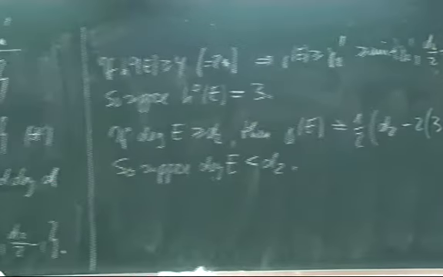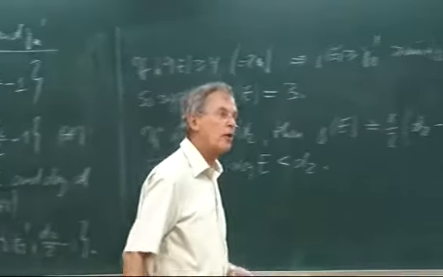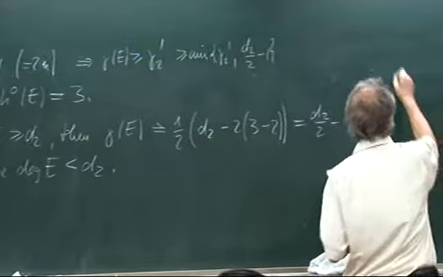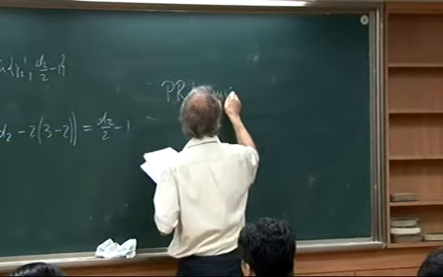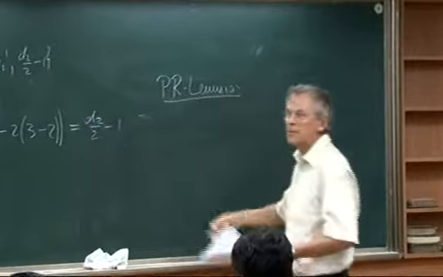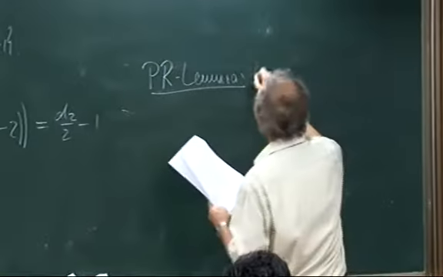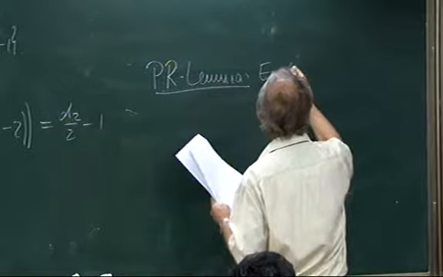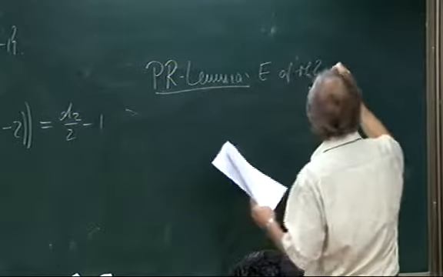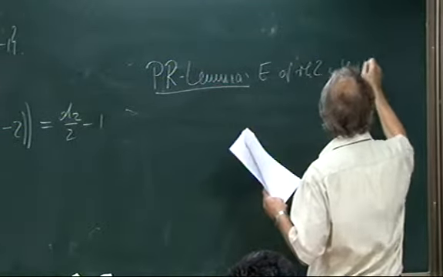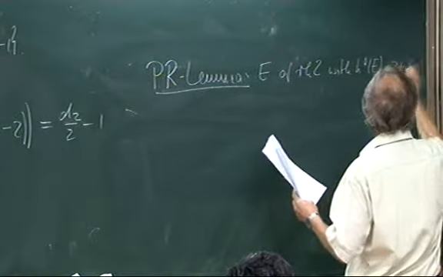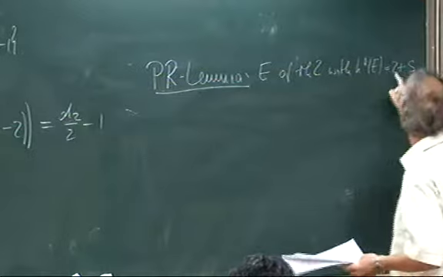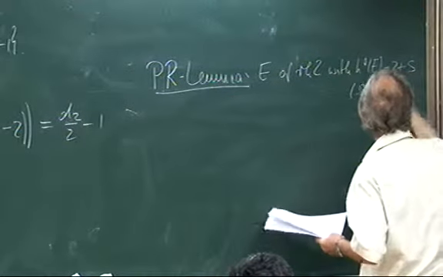Then we use the lemma of Ramanan. So I write down the lemma. Maybe I write it down again. In this case, E of rank 2 with h0 of E equal to 2 plus S, and S in our case is 1, S equal to 1.